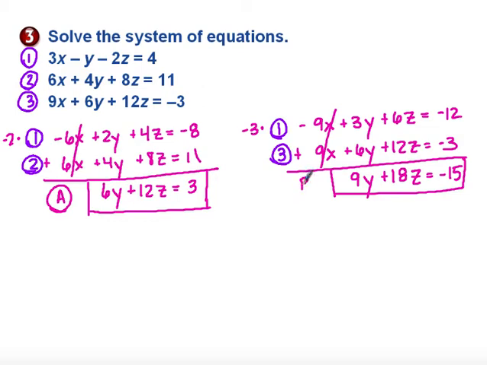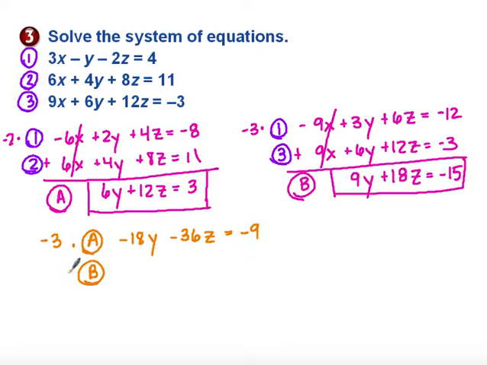All right, so now I'm going to take these two equations, A and B, and multiply them. Let's see what I want to get rid of. I think I'm going to get rid of the y's. Using the multiple of 6 and 9 to get 18, I'm going to multiply the first equation by negative 3, giving me -18y minus 36z equals -9.